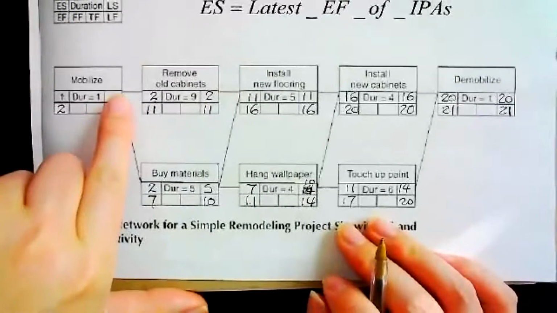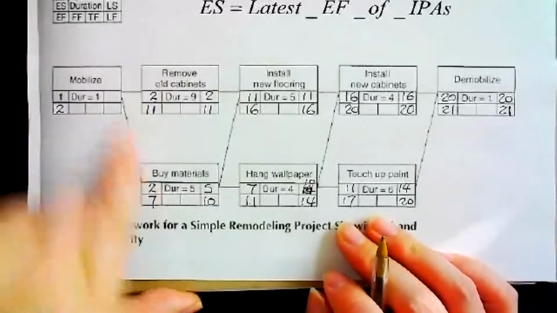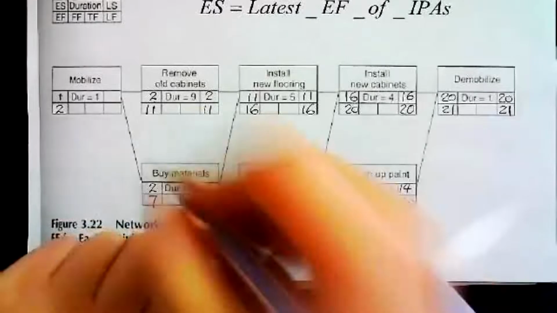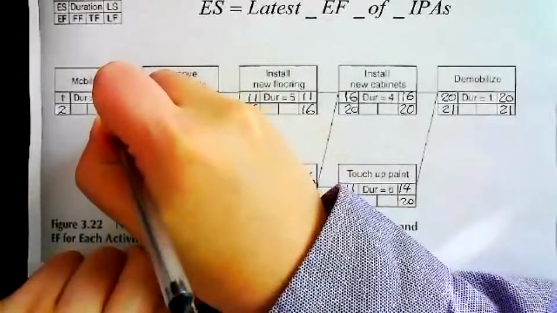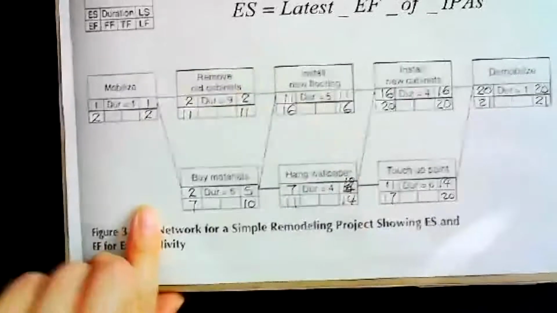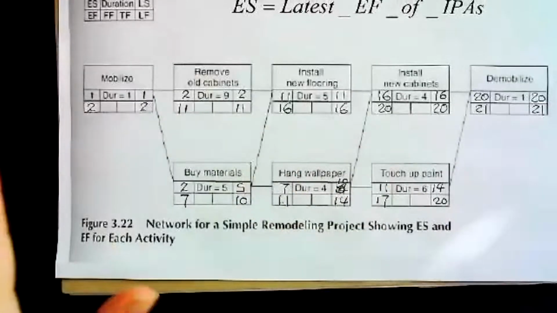Again, this one has two ISAs. This one is 2. This one is 5. Select the smaller number, so put 2 here. 2 minus 1, this is 1. So we finish the backward calculation.